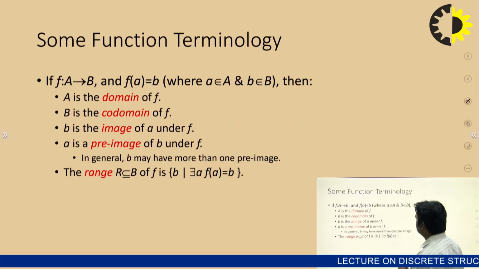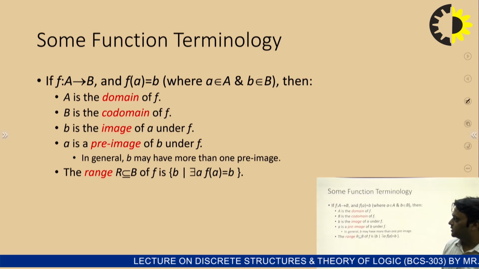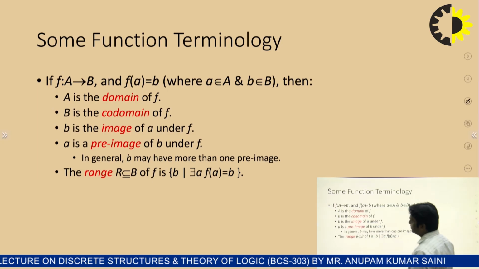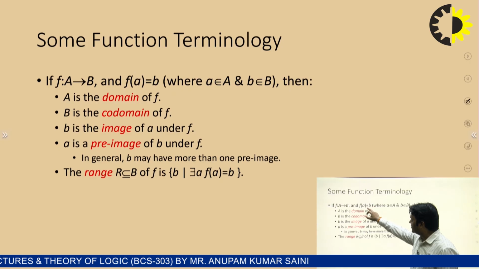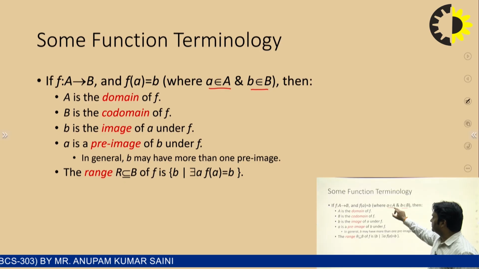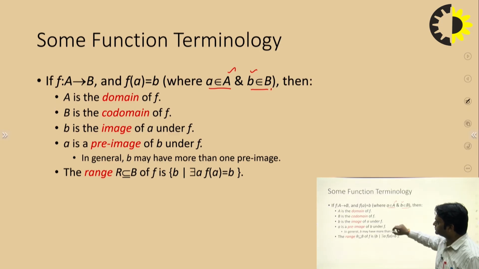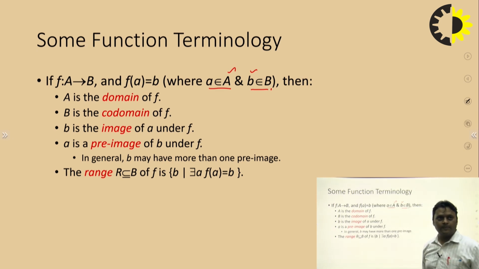So basically the terminology used here: if f is a function, f from A to B, and f(a) equal to b, where a belongs to A and b belongs to B, meaning a is an element of set A and b is an element of set B, then A is the domain of f.